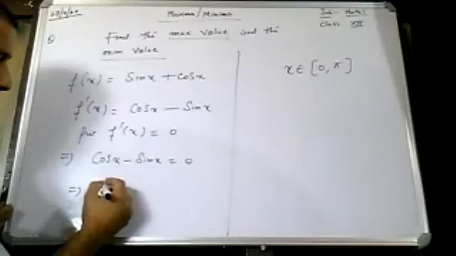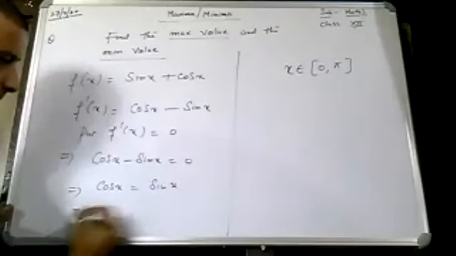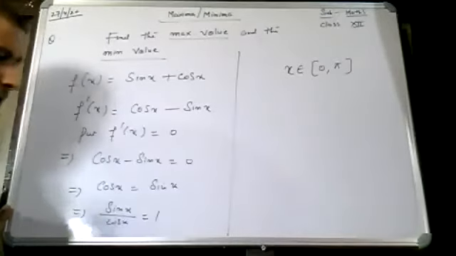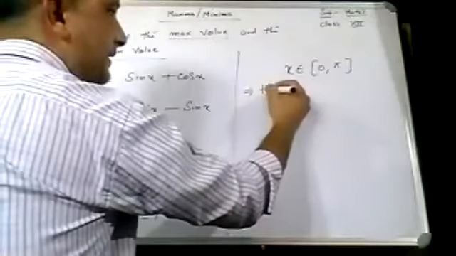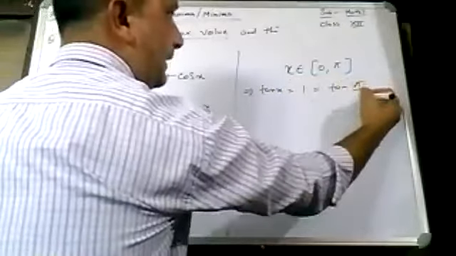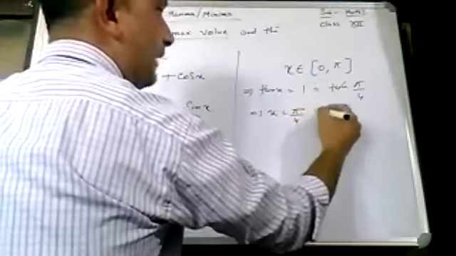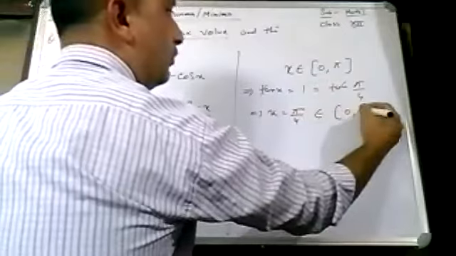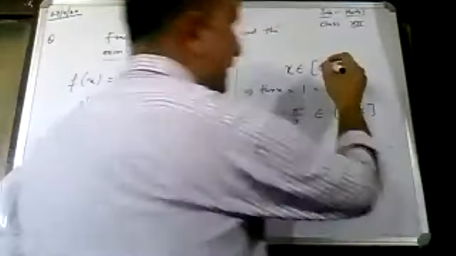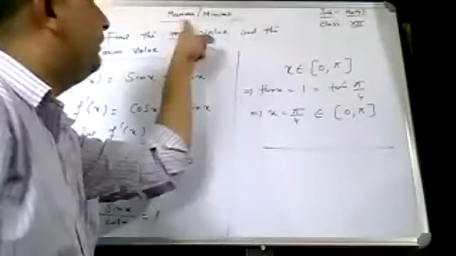This implies cos x is equal to sin x, so sin x divided by cos x is equal to 1. So tan x is equal to 1, which is tan 45 degree. So x is equal to pi by 4, and pi by 4 belongs to 0 to pi. Clear? Means class, in closed intervals the boundary points are always included in maxima and minima.